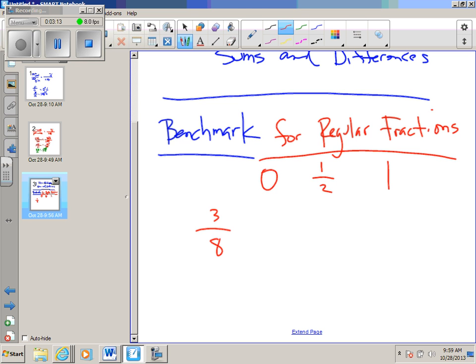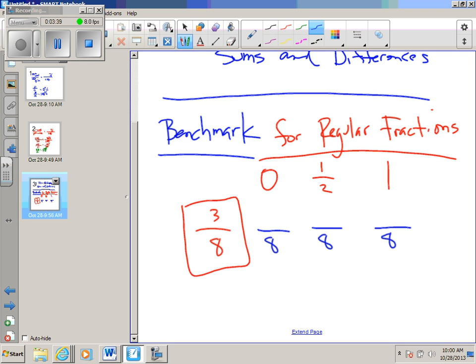So when I use these benchmarks, let's use 3/8. I want to estimate for the fraction 3/8 to determine, is that fraction closest to 0, closest to half, or closest to 1 whole? Now, what's key here is for each of these, using the same denominator that you already have.